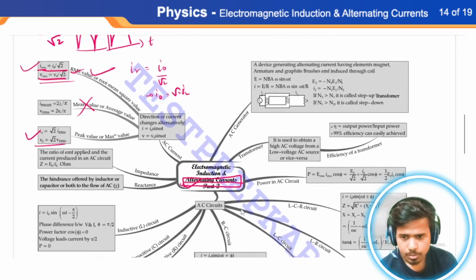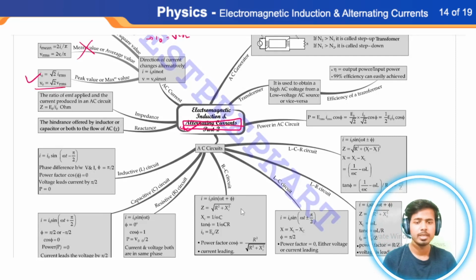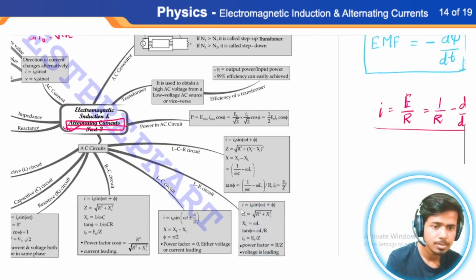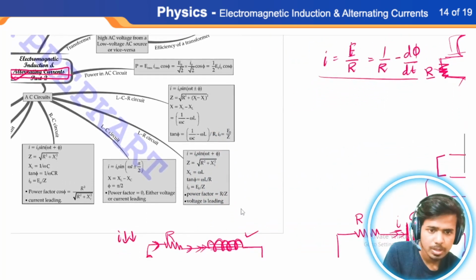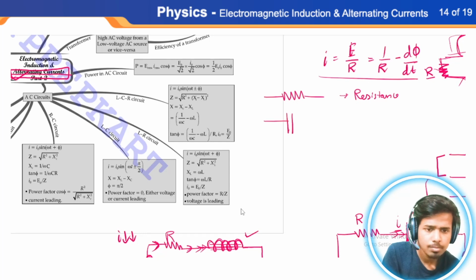Now, if this is clear, let's talk about something called impedance and reactance. Let's take this one. This is resistance, right? But is this resistance, or this? No, they are capacitance and inductance.